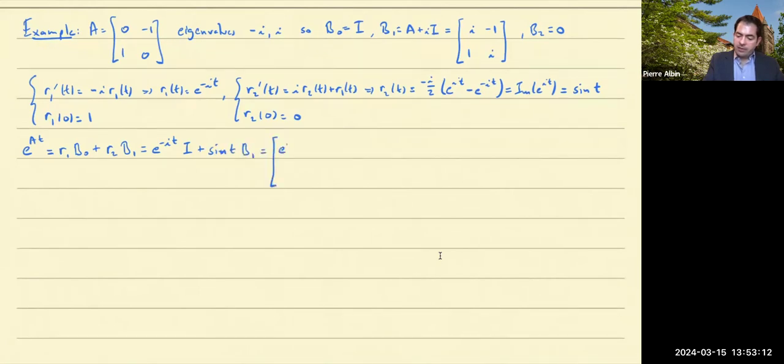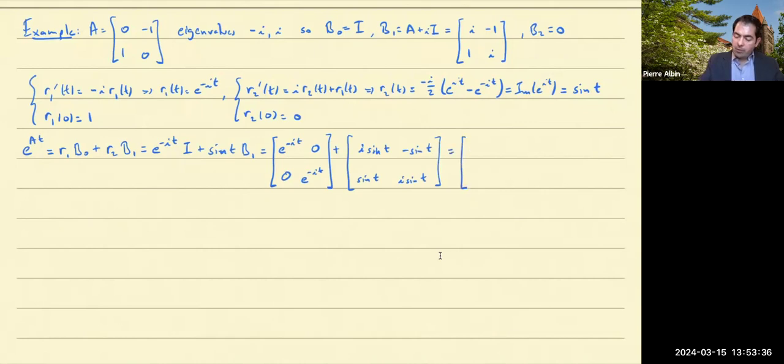So that means I have e to the minus it, 0, 0, e to the minus it, then plus i times sine of t, minus sine t, i sine t.